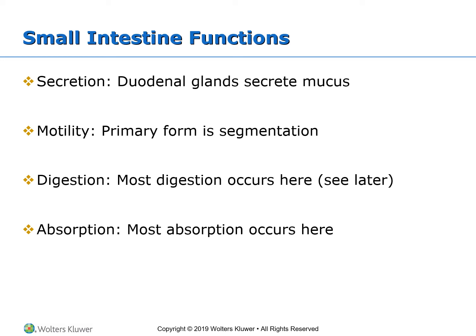Most of the digestion will take place at this level, and we'll discuss it when we discuss the individual digestion of different types of nutrients, because of the high quantity of enzymes and the high surface that is provided by the small intestine for the digestion and absorption.